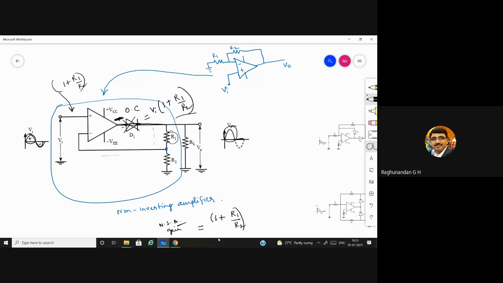This is how a half-wave rectifier works. After this, we have the non-saturating half-wave rectifier, where problems will also be asked, so we can do it in the next class.